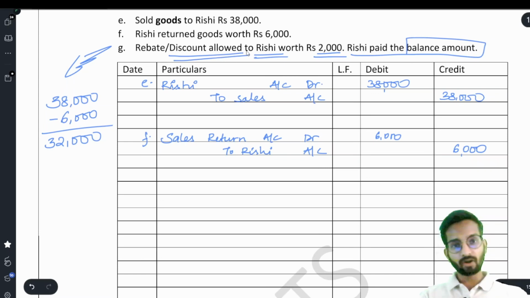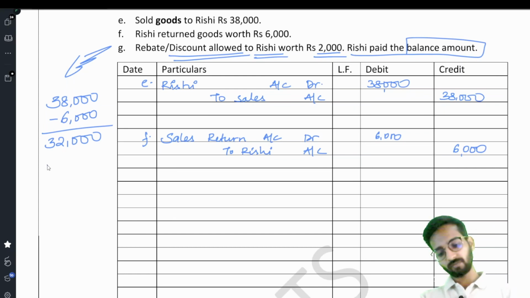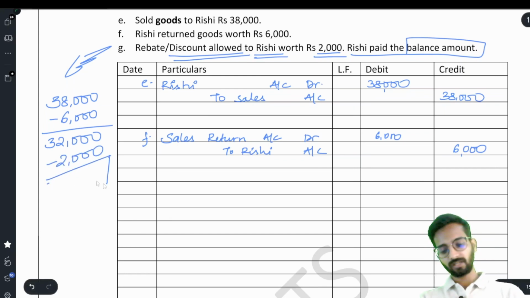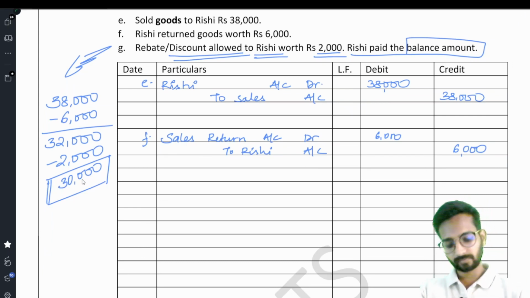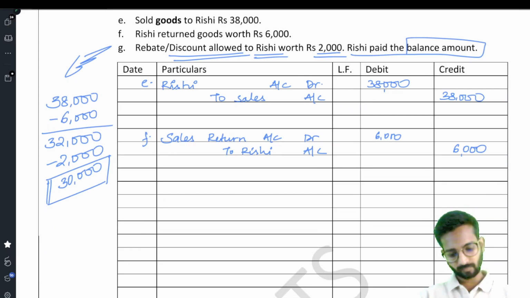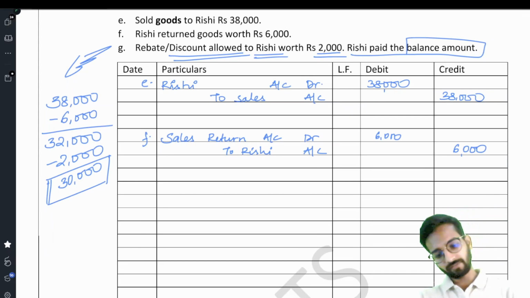If we have allowed him a discount, it means we have given him the discount. If I am giving him the discount of 2,000, then tell me how much money will I receive from Rishi? I will receive 30,000 rupees from Rishi. So the entry will be for point number G.